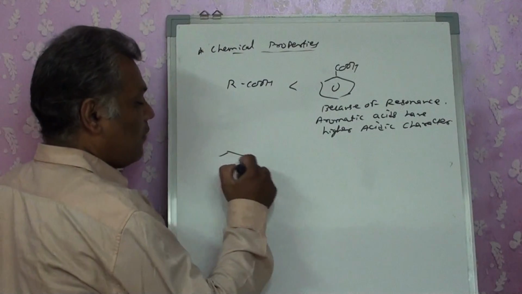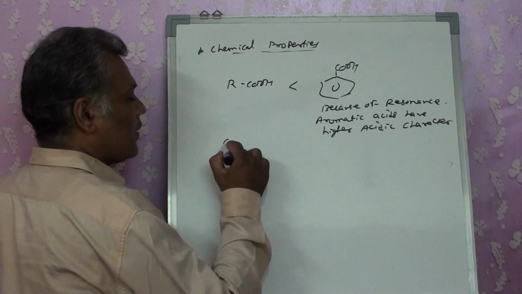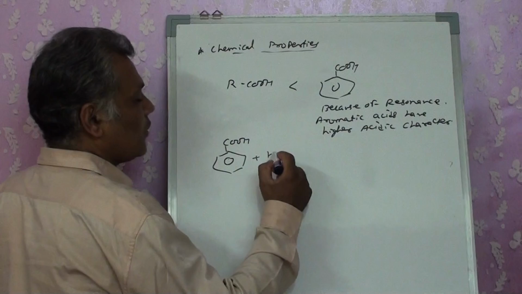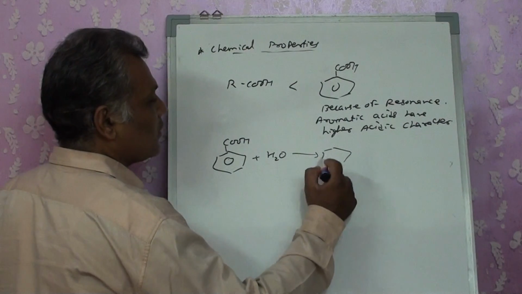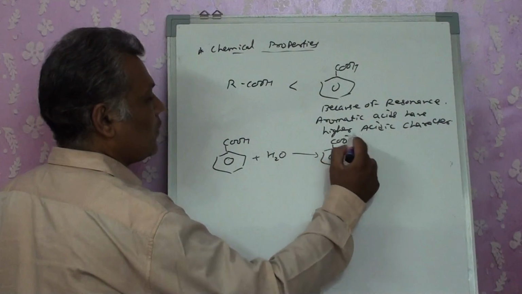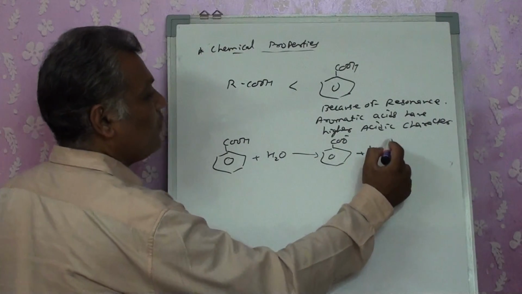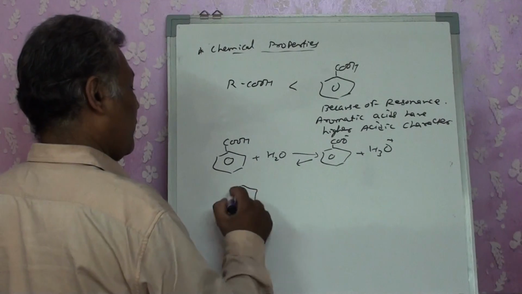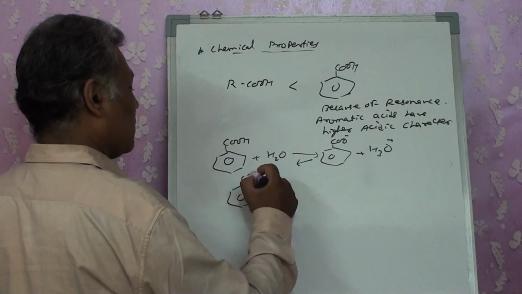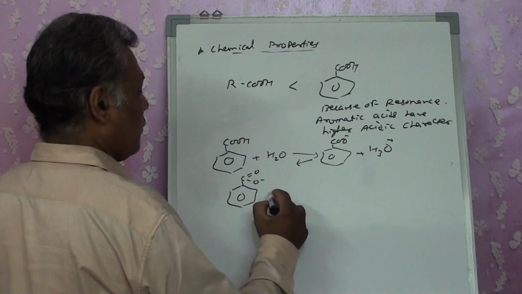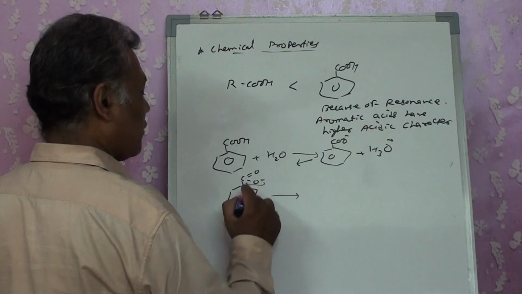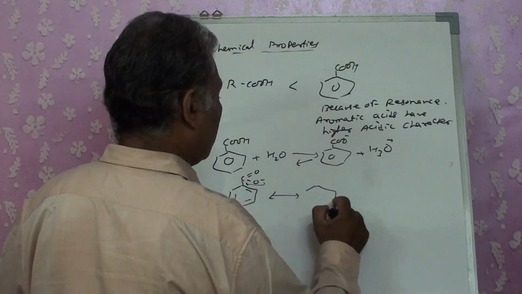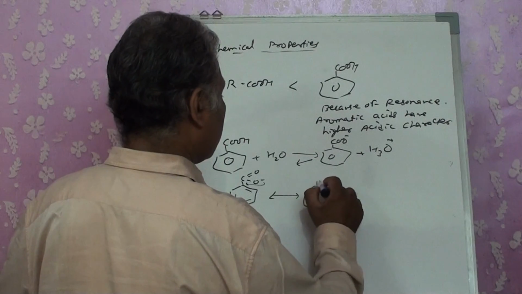If we want to show it, the C double bond OH reacts with H2O, it gets converted into COO minus H3O plus. Now, as we know that it established the equilibrium, this COO minus will donate this electron over here and it will start to show the resonance.